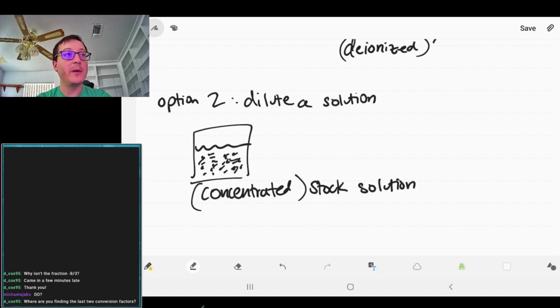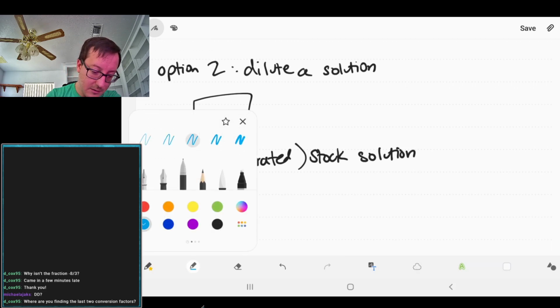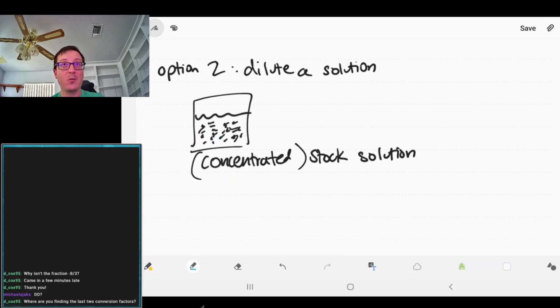And so what we can do with this is understand that in a solution, we can always just add water, right? If I have 5 molar sodium chloride, that means there's 5 moles of sodium chloride dissolved in 1 liter of water. If I add 4 more liters of water to that, I will now have a 1 molar solution, because now I have 5 liters of solution, but still only 5 moles of solute.